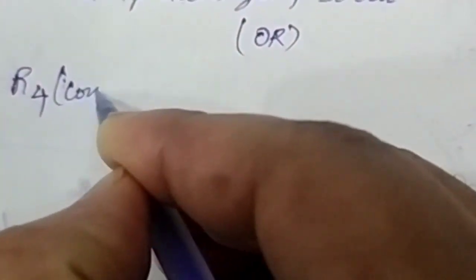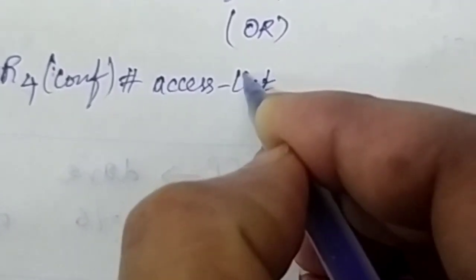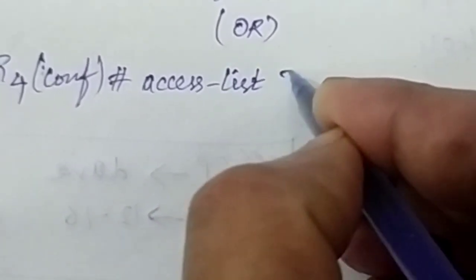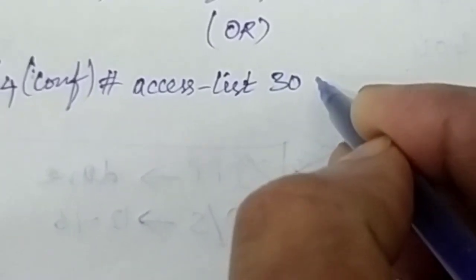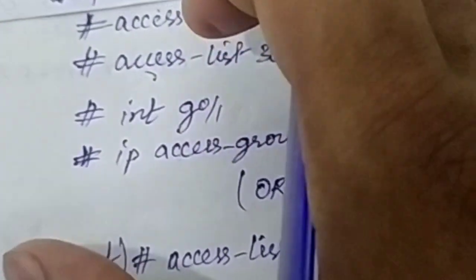The command is, R4, config. The command is access list 30. Now here previously you gave deny, no?